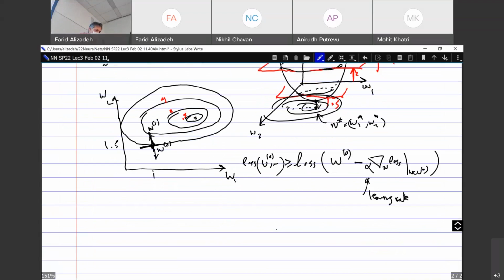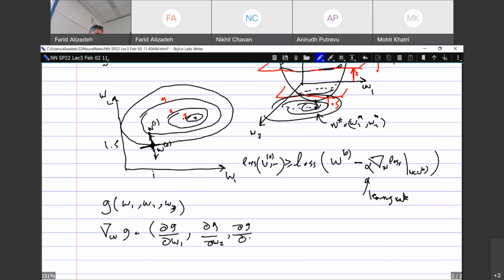So for example, let's say I have an arbitrary function F of W1, W2, W3. That's three variables. Then the gradient of F is a row vector: the partial derivative of F with respect to W1, with respect to W2, and the partial derivative with respect to W3.